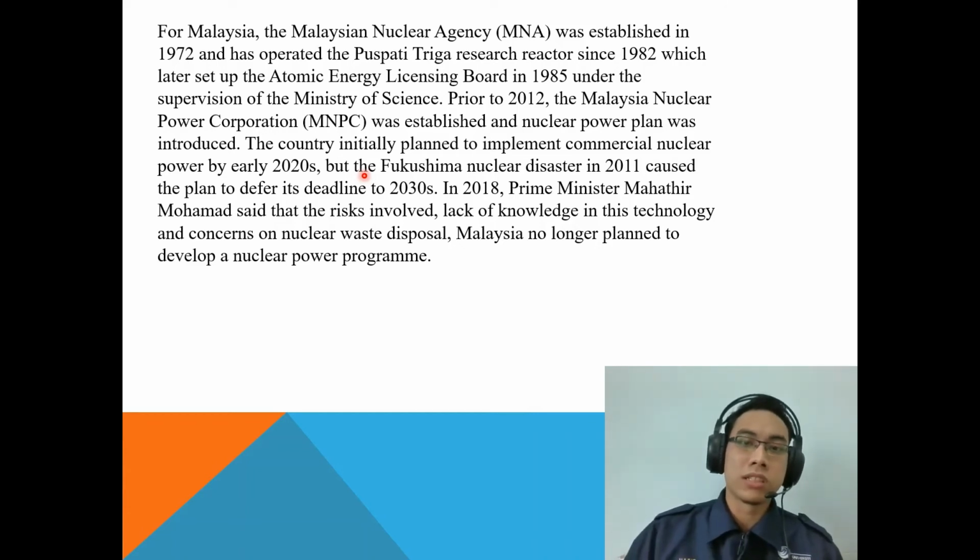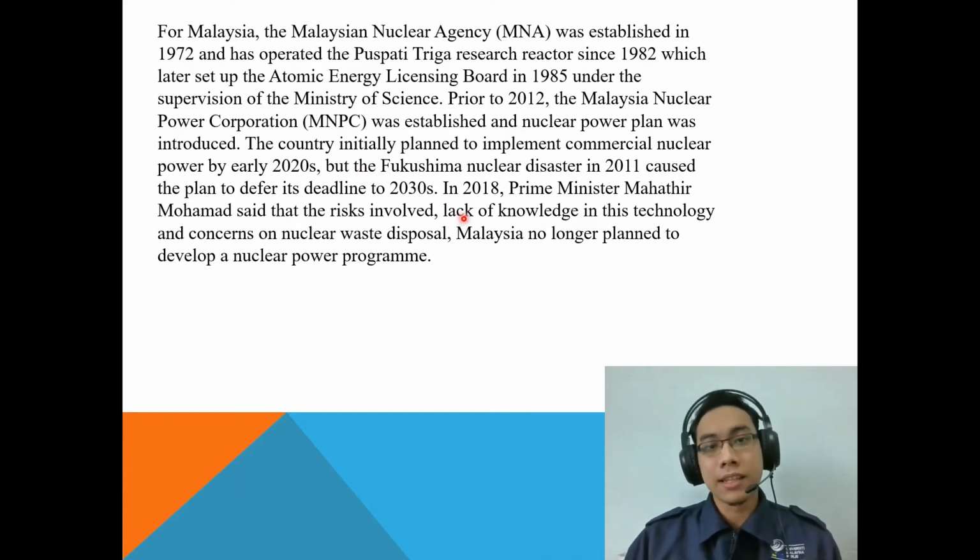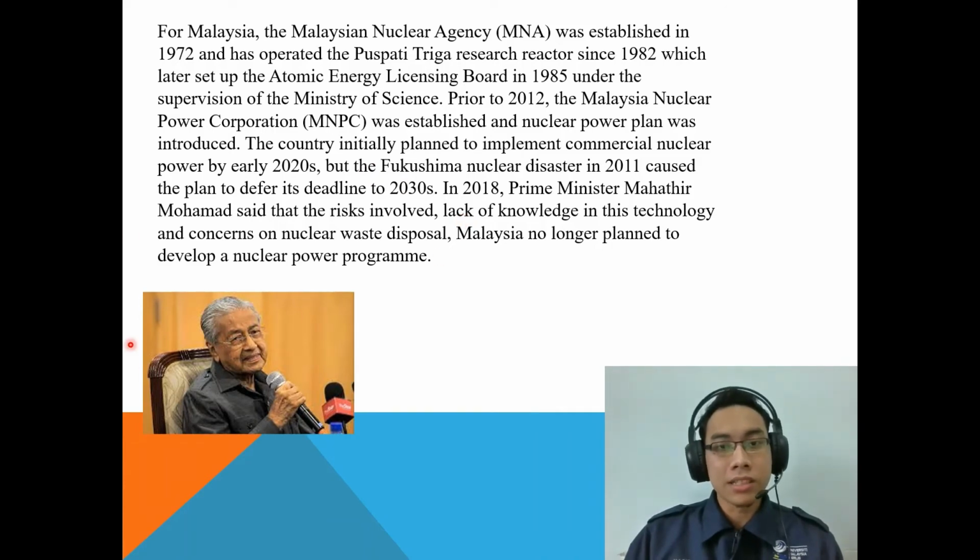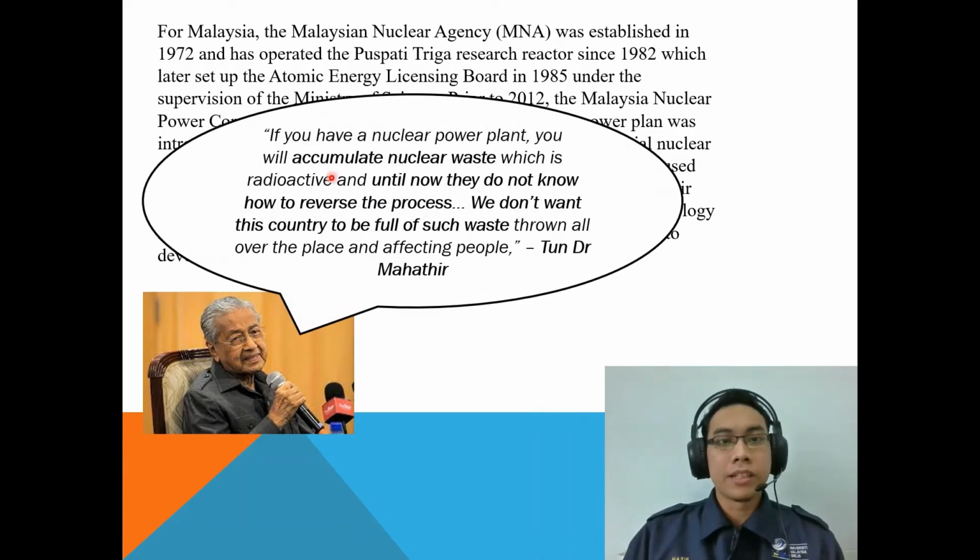In 2018, the Prime Minister said, if you have a nuclear power plant, you will accumulate nuclear waste, which is radioactive, and until now, they do not know how to reverse the process. We don't want this country to be full of such waste thrown over the place and affecting people. Tun Dr. Mahathir.